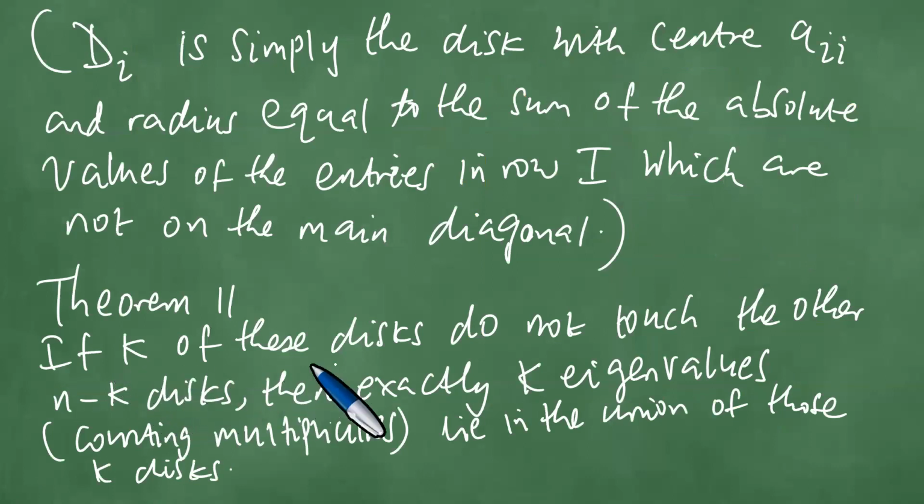Theorem 2: if k of these disks do not touch the other n minus k disks, then exactly k eigenvalues, counting multiplicities, lie in the union of the k disks.